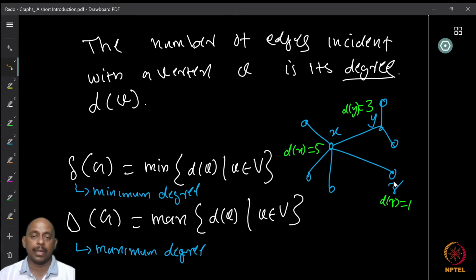Now, if you look at all the vertices and their degrees, you can collect them together. If you look at the smallest value among these numbers, the degrees of each vertex, that smallest value is called the minimum degree of the graph G. I denote it by small delta of G, the minimum degree of the graph.